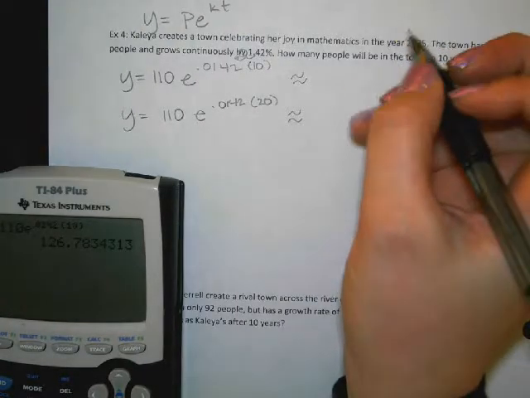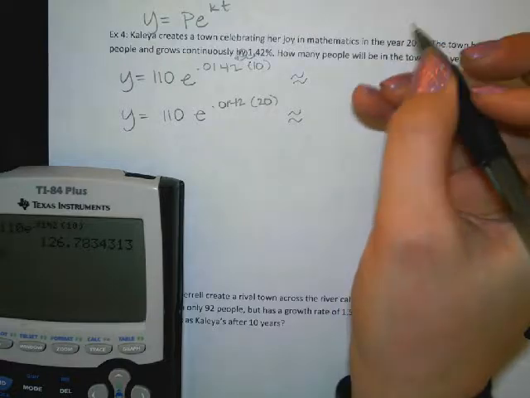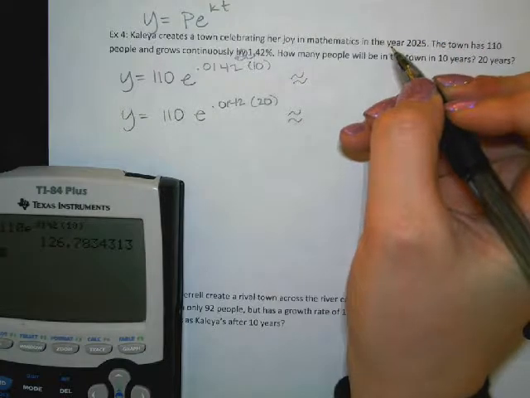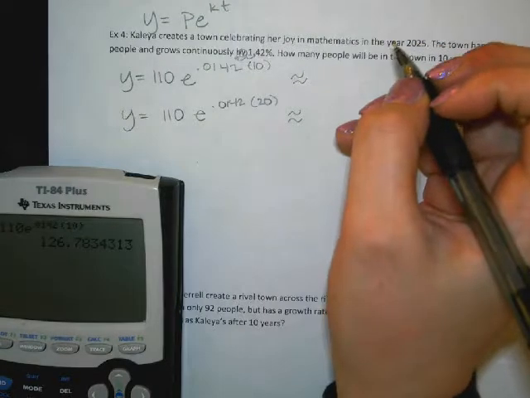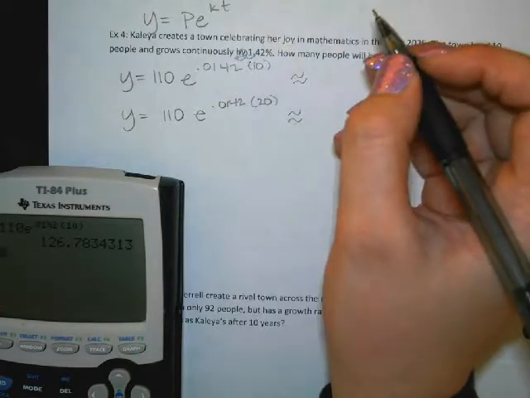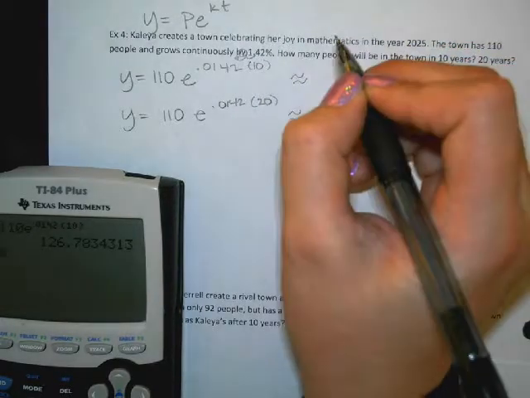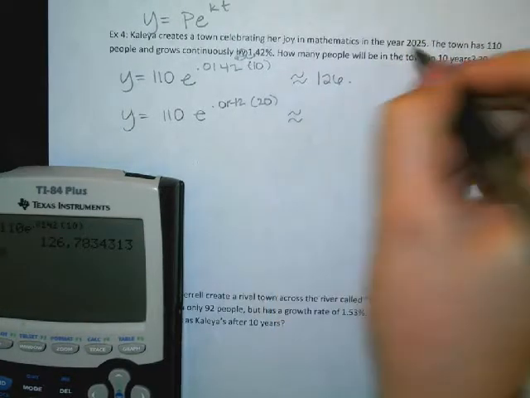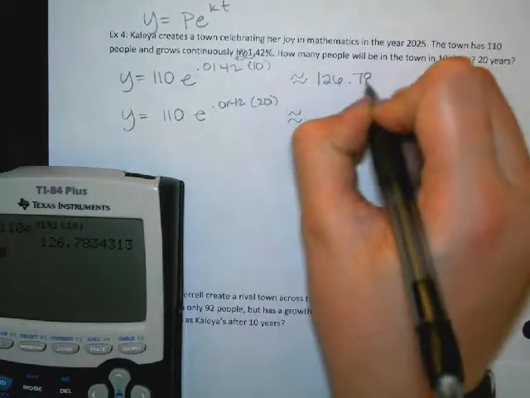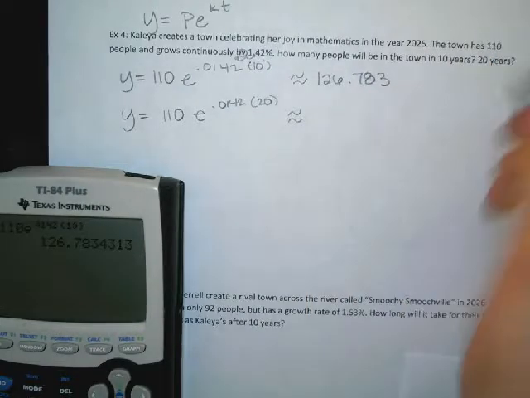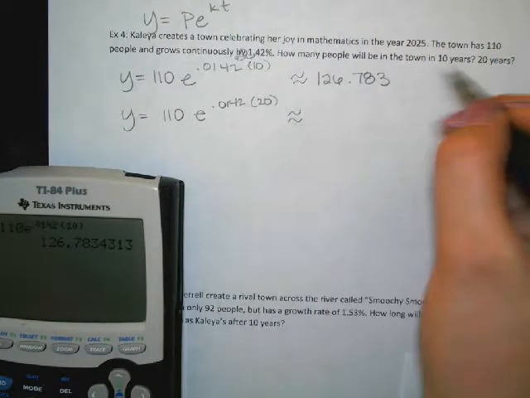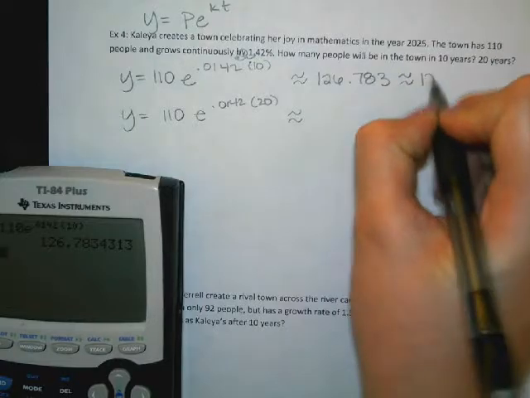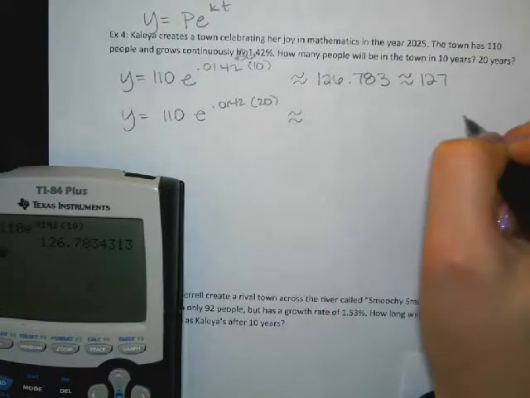What did we get? Yeah, it should be 126. Can you maybe check a typo? There you go. All right. 126.783. Can we have 0.783 of a person? No. So I'm going to say approximately 127 people.